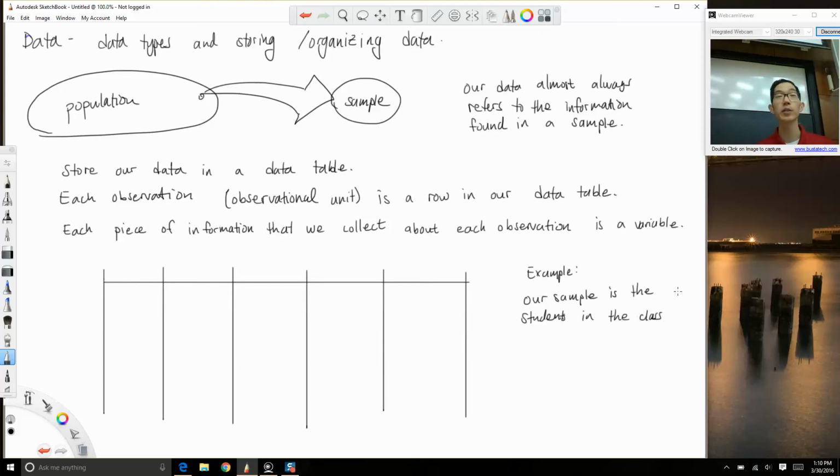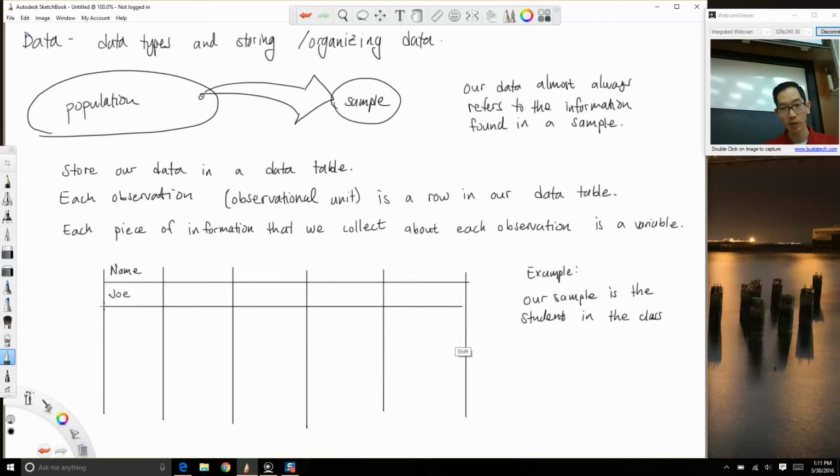We can go around, and we'll have a name, Joe, and we'll collect different pieces of information about each student.